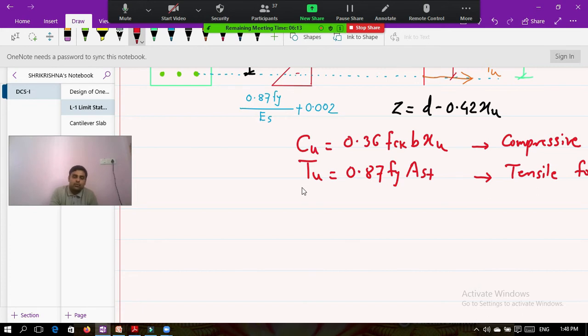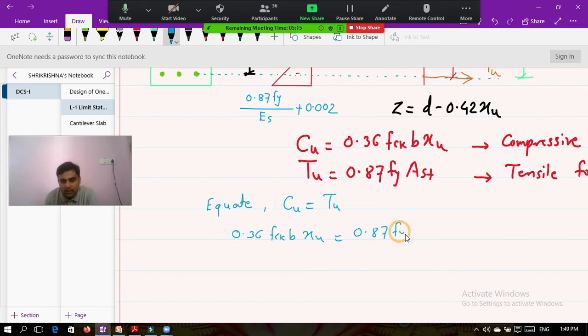Equate the compressive force to the tensile force, which means your section is a balanced section. So 0.36 fck b xu is equal to 0.87 fy Ast.